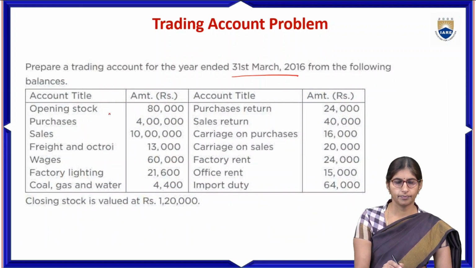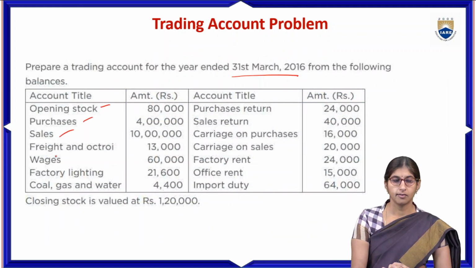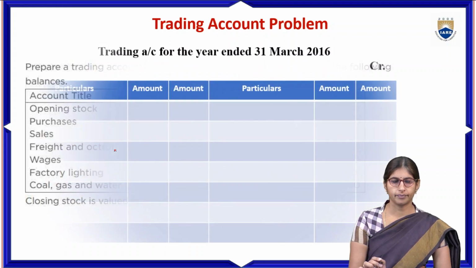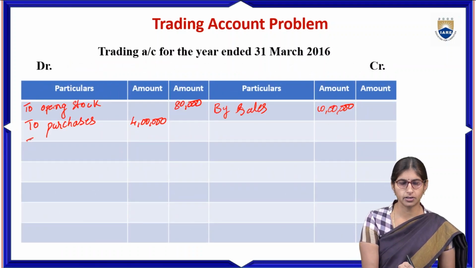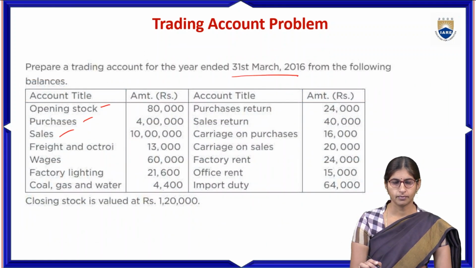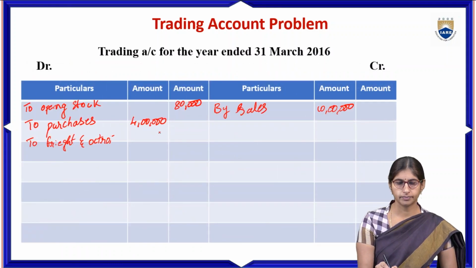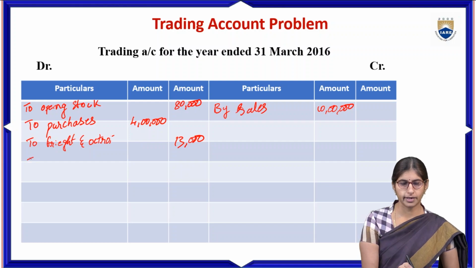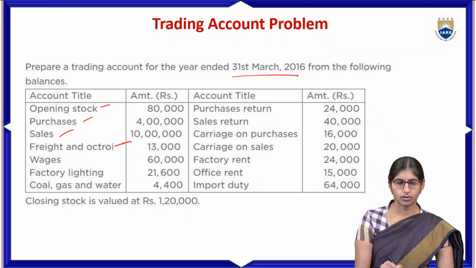Next, freight and octroi. It is expenditure. Freight and octroi 13,000. Next item is wages. Octroi is done.